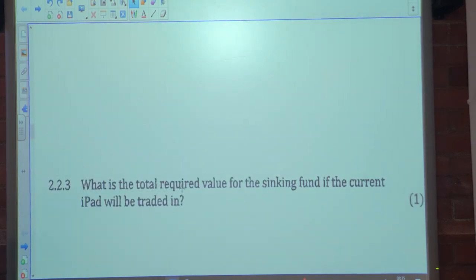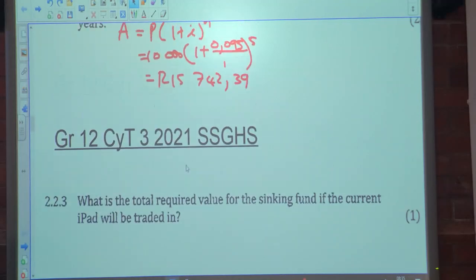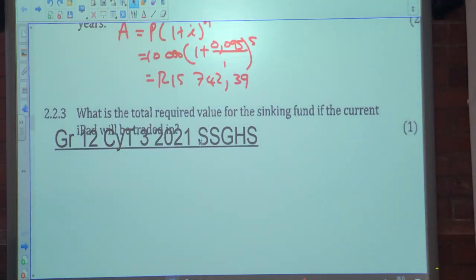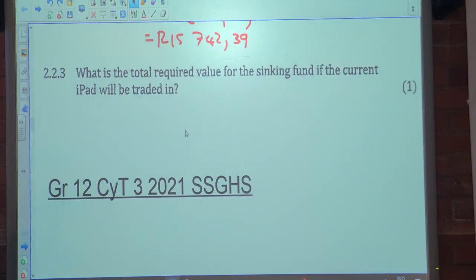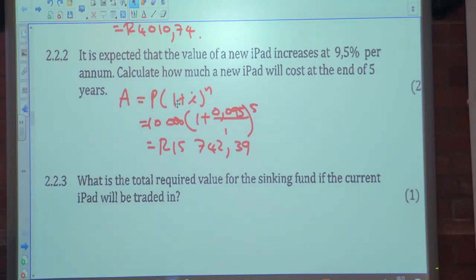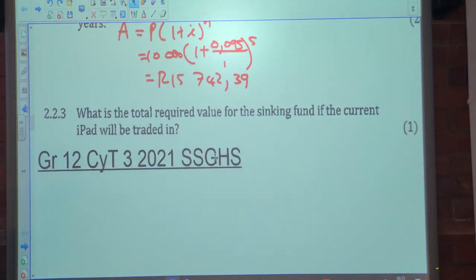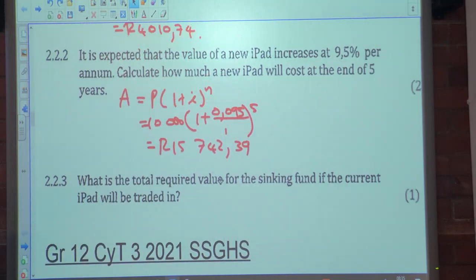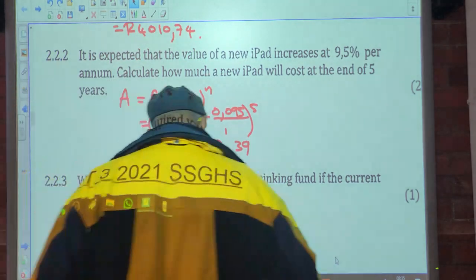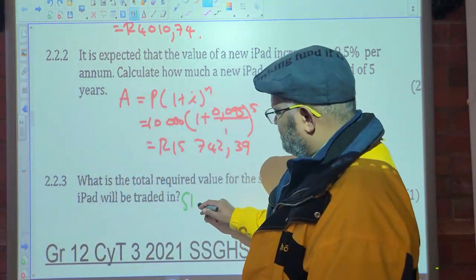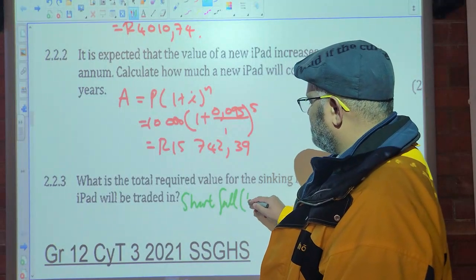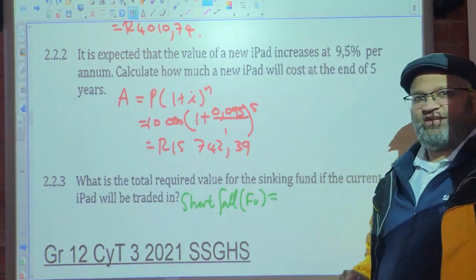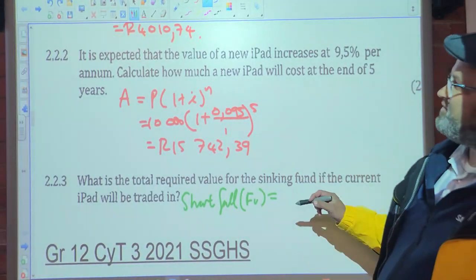The next question says, what is the total required for the sinking fund if the current iPad will be traded in? Traded in means given in or sold, and then that value is retained. So to get that amount, I would have to subtract the book value. Not so, the shortfall. That's what we're going to save for. That's going to be your future value, or the sinking fund value.